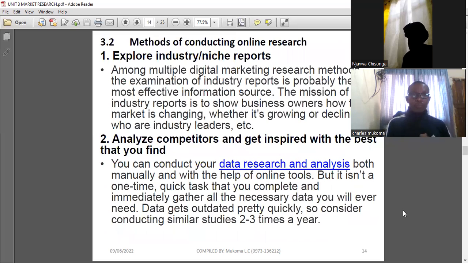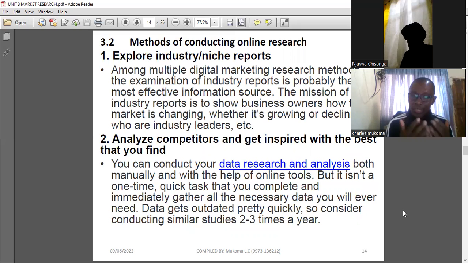Okay. How do we conduct online research? Methods of conducting online research. There's the first method called explore industry or niche reports. Now, what is happening in this method? You'll have multiple digital marketing research methods which are at our disposal where we can choose. But under this method, we want to examine the industry's reports.